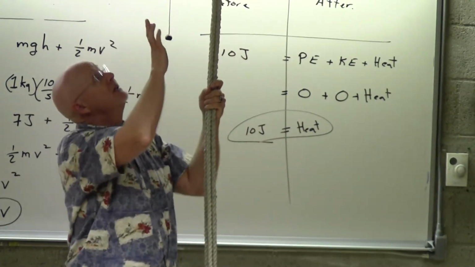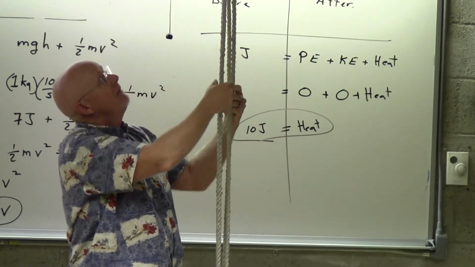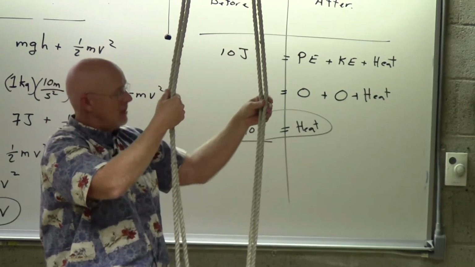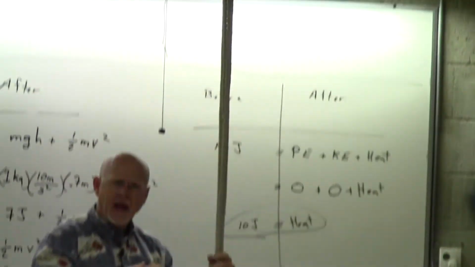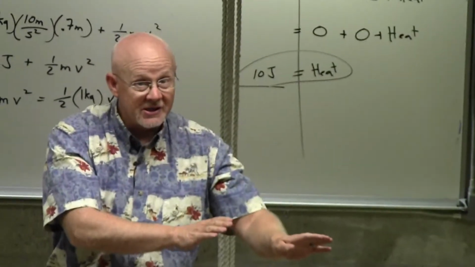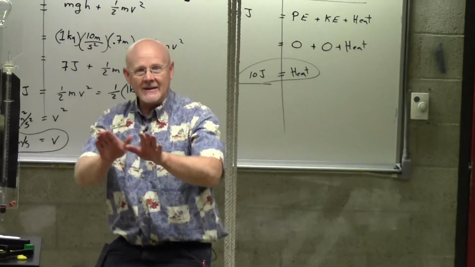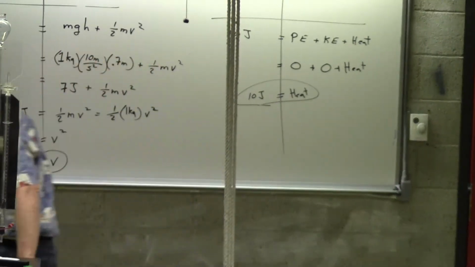And so instead, I've got this pulley system. How does that help me get up? Does it take less energy just because of all these ropes around the pulley? No. That's what I want to emphasize. It takes less force, but not less energy. Watch.